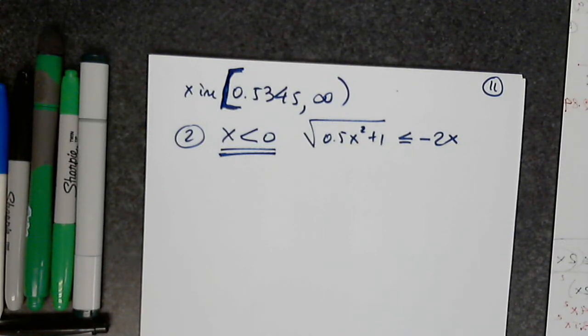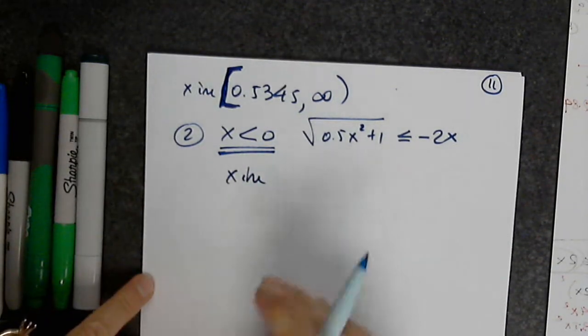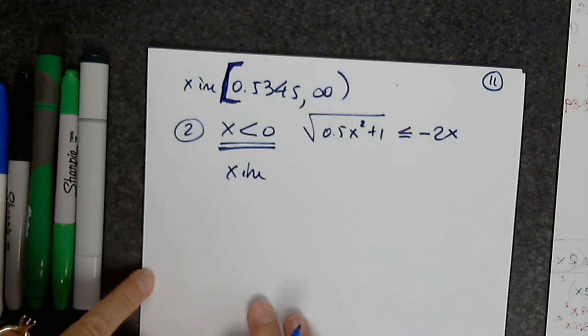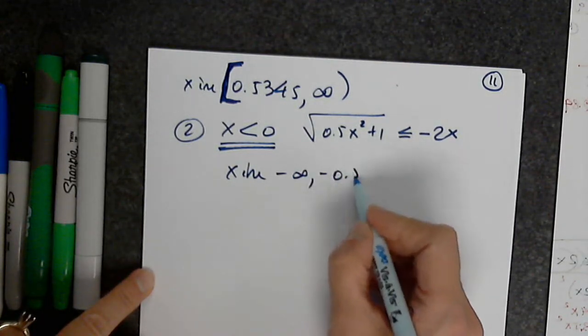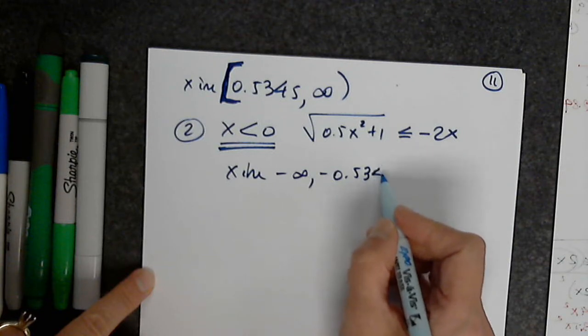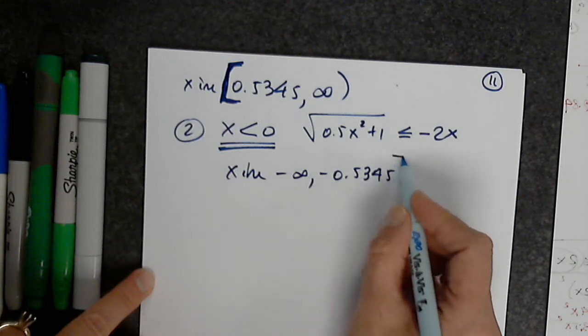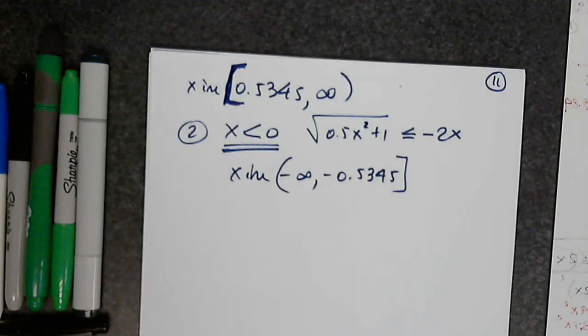So now I want to determine on the interval negative infinity to 0, where is the blue below the red? So I will say x in the interval, negative infinity to negative 0.5345 with a bracket.